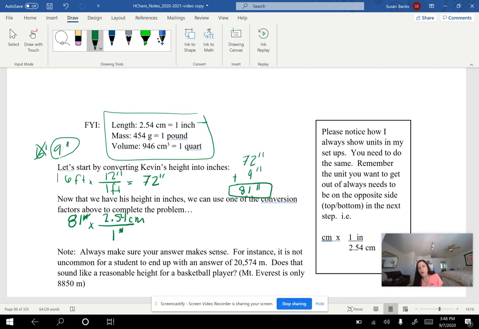But the original problem didn't ask for centimeters, it asked for meters. So I need to remember my conversion between centimeters and meters. So if I remember this, 100 centimeters equals 1 meter. So I'm going to put the 100 on the bottom because I want my centimeters to cancel.